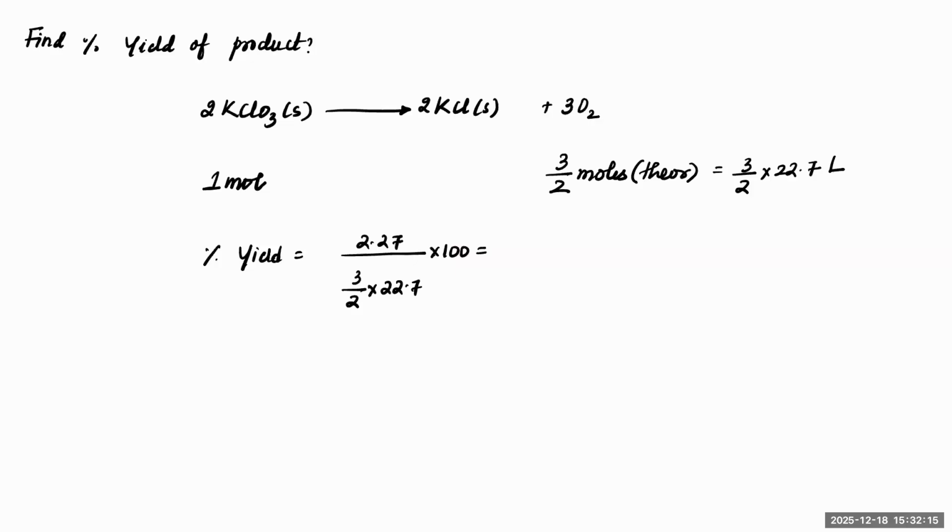What we are getting is 10 divided by 10 multiplied by 2 by 3, which means it is around 6.66 percentage. That is the yield you're getting. Is that all okay?